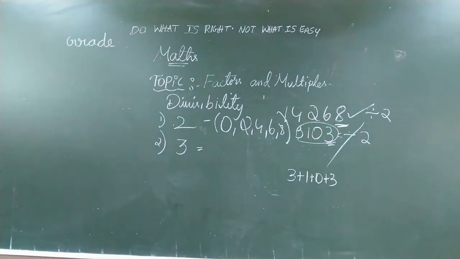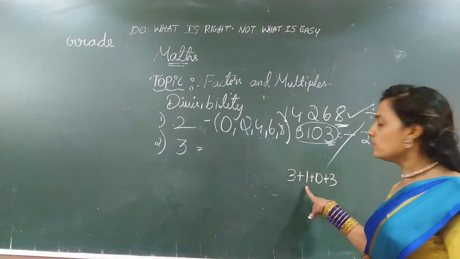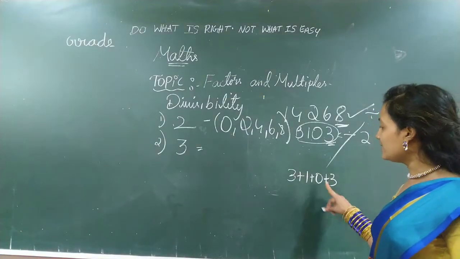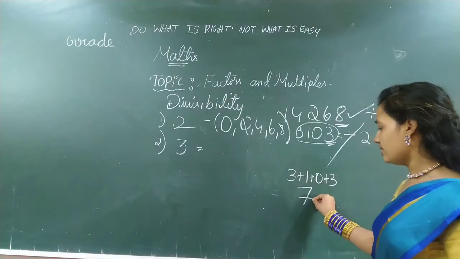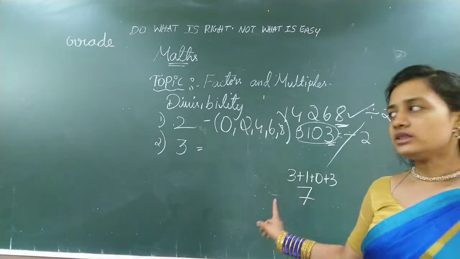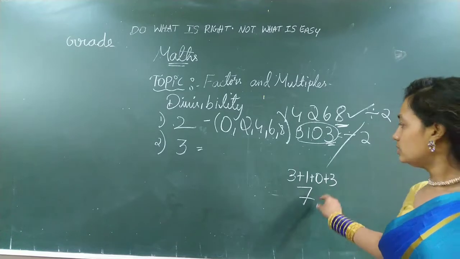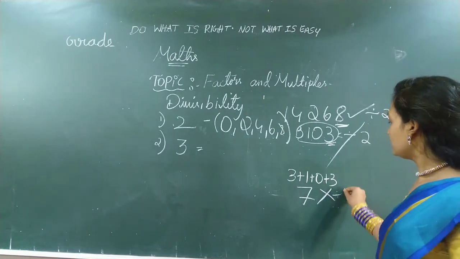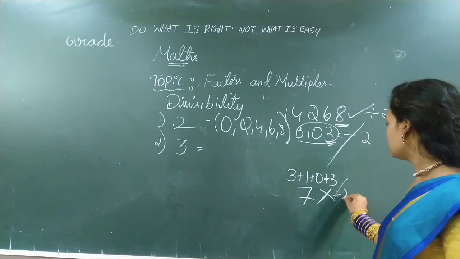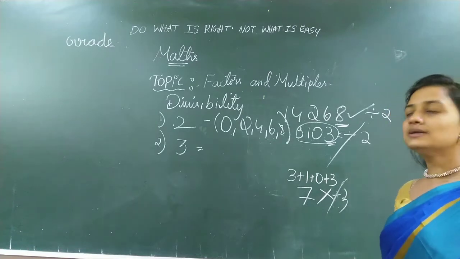Now add them all. 3 plus 1 is 4. 4 plus 0 is 4. Plus 3 is 7. Now say, in the 3 times table, do you have 7? No. So this cannot be divided by 3.